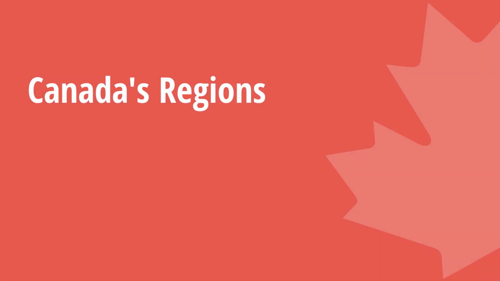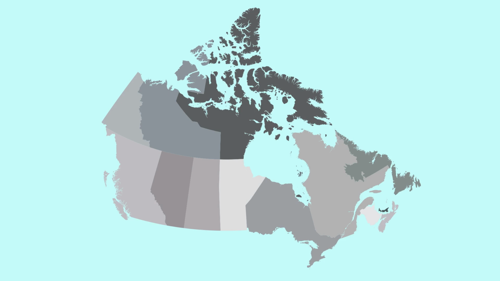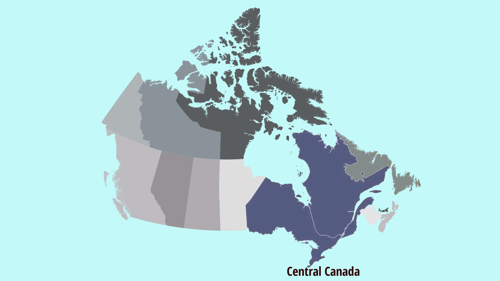If you look at page 45 in your Discover Canada guide, you will see a nice colorful map that shows the 5 regions of Canada. In orange, we see the Atlantic provinces, Newfoundland and Labrador, Prince Edward Island, Nova Scotia, and New Brunswick. Central Canada is blue, and it consists of Ontario and Quebec.